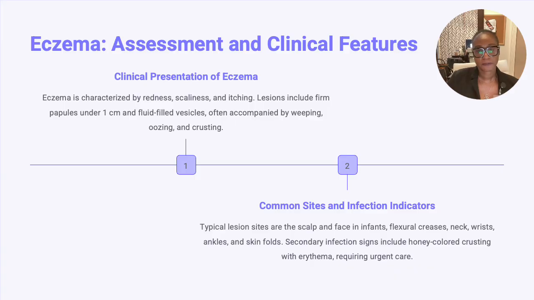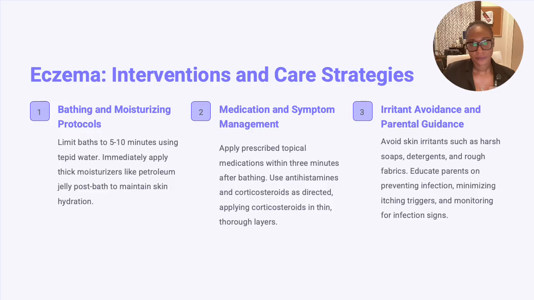Lesions can occur on the scalp and face of the infant, creases of the elbow, knees, neck, wrist, and ankle, and creases between the buttocks and the legs. Those are just some common sites and infectious indicators.